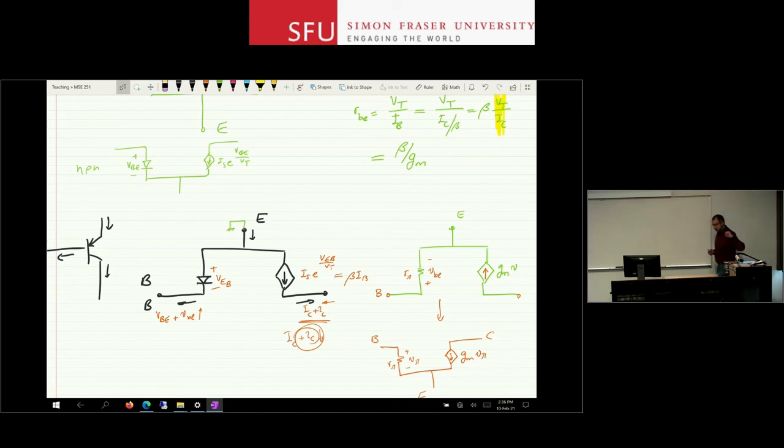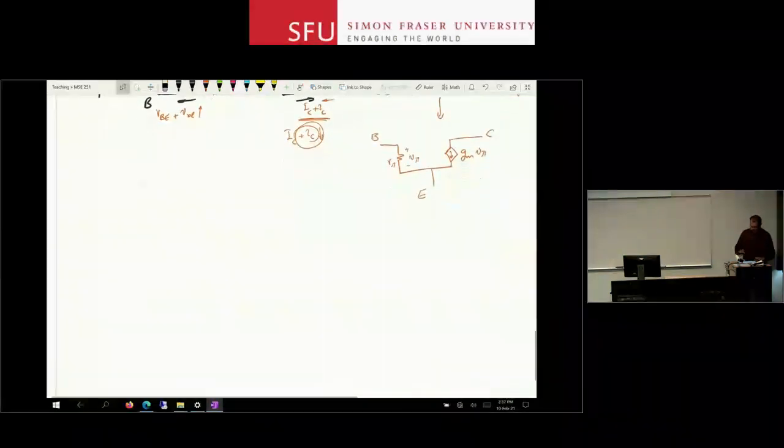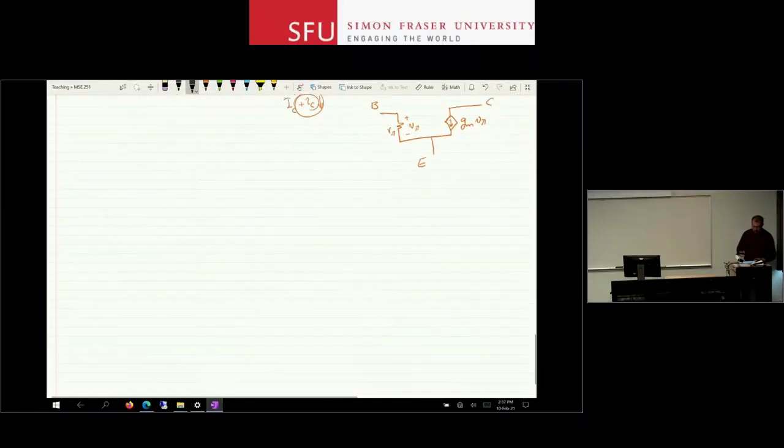You take the PNP transistor out of your circuit, replace it with this model that I showed. I'll go through a couple of examples in a second, but let's just go through the steps that we need to take in order to do this analysis as we mentioned. So step one, do the DC analysis.